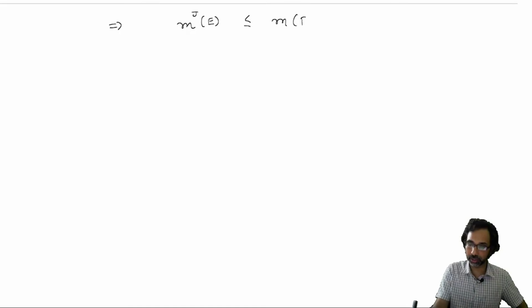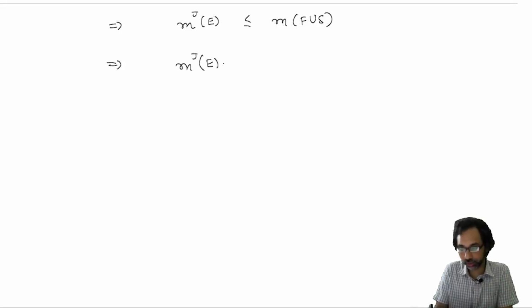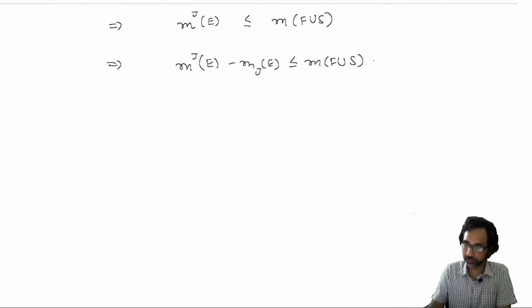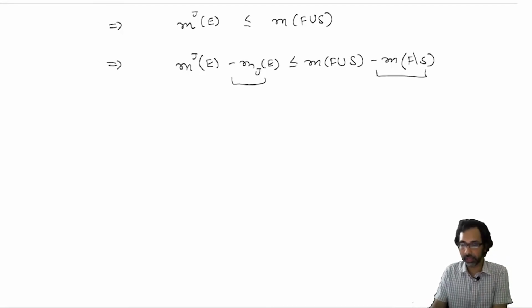So therefore we can use the definition of outer Jordan measure of E, and this will be bounded above by the measure of F union S. So this implies that the outer Jordan measure minus the inner Jordan measure of E is less than or equal to the measure of F union S minus the measure of F minus S. So this thing was less than or equal to this thing, and we have added the two inequalities.